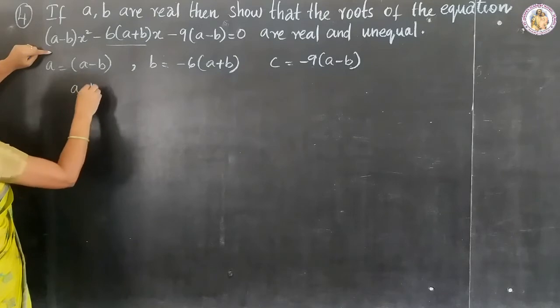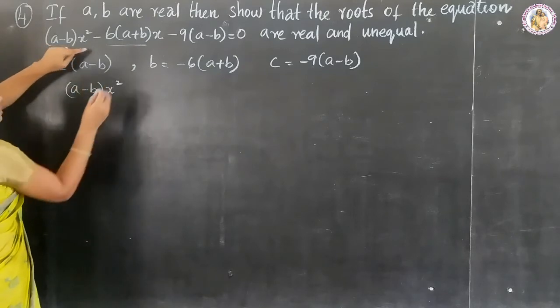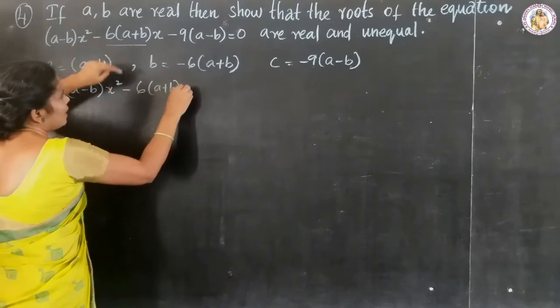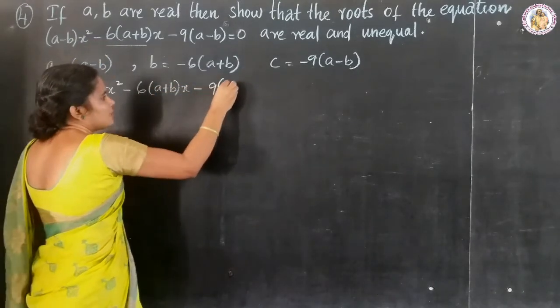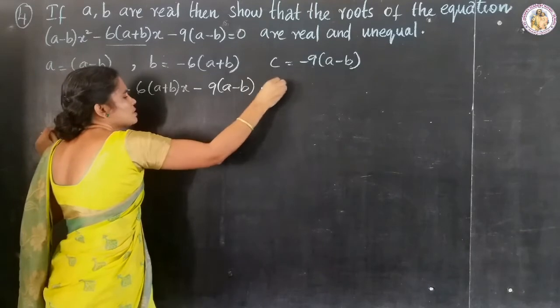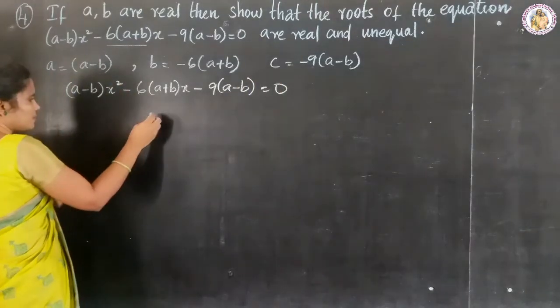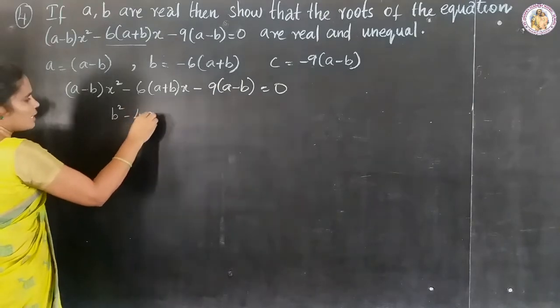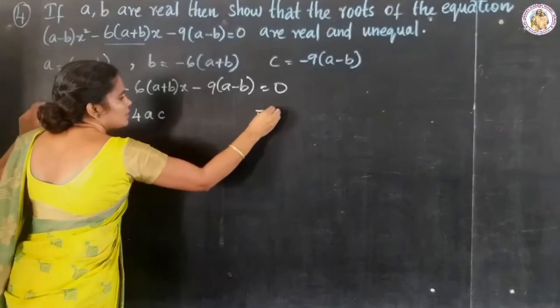Write (a − b)x² − 6(a + b)x − 9(a − b) = 0. So now the discriminant b² − 4ac is equal to 0.